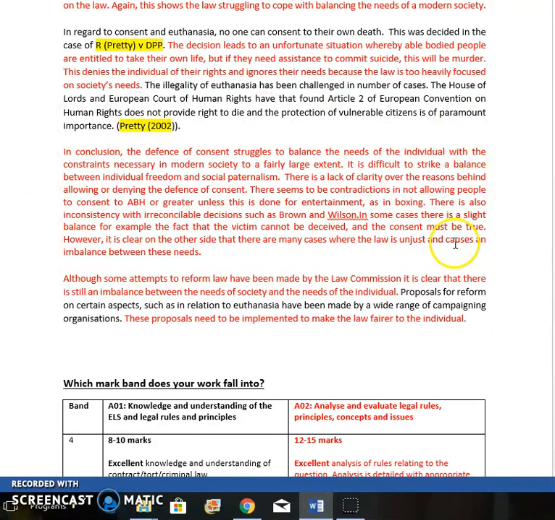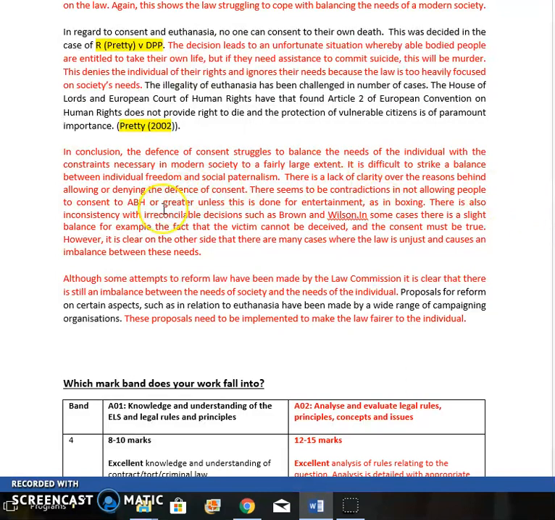So in terms of a conclusion, I'm concluding by saying that the defence of consent does struggle to balance the needs of the individual with constraints necessary in a modern society. It's very difficult, in all fairness, to balance what an individual wants to do with the need to have some controls on that. There certainly seems to be some contradictions in the cases.